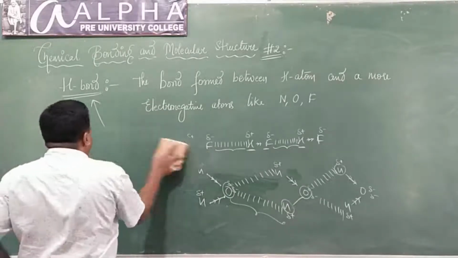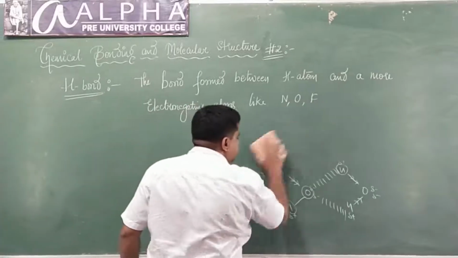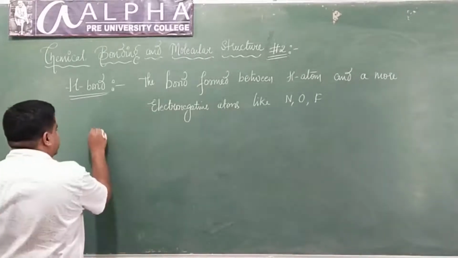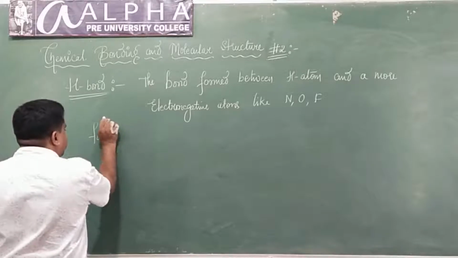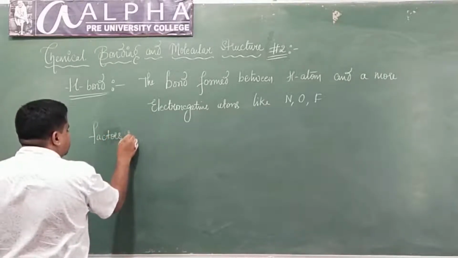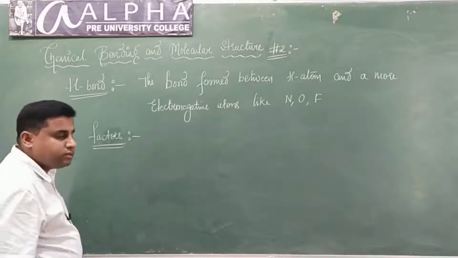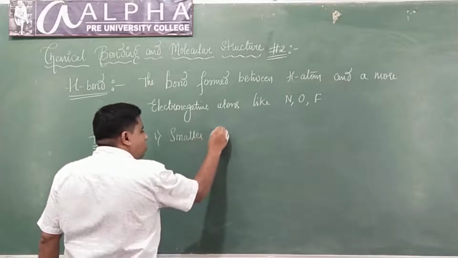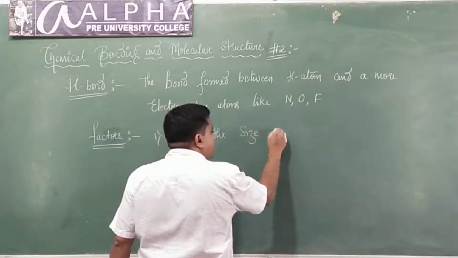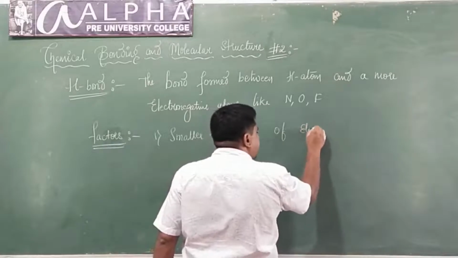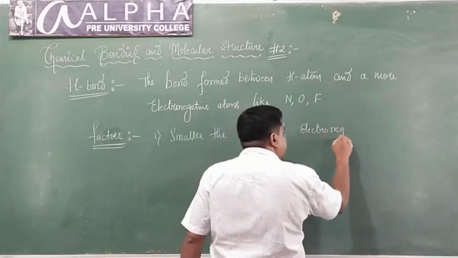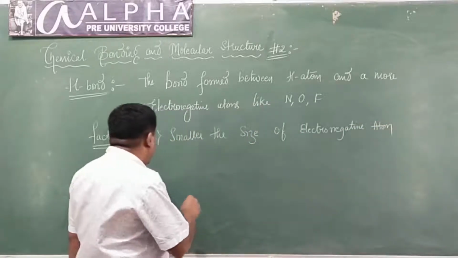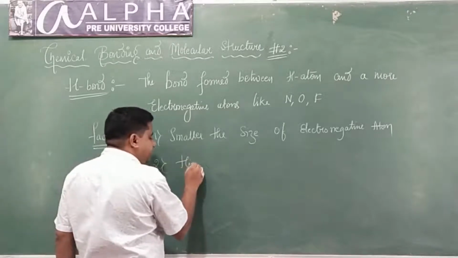Yes. See, hydrogen bond depends upon two factors. What are the two factors on which hydrogen bond depends? The first factor is the smaller the size of the electronegative atom, and the higher the electronegativity.